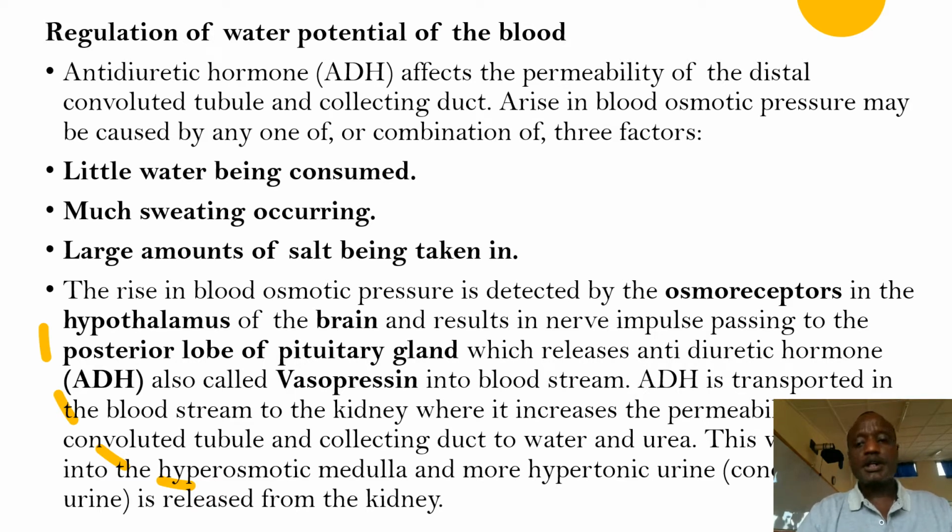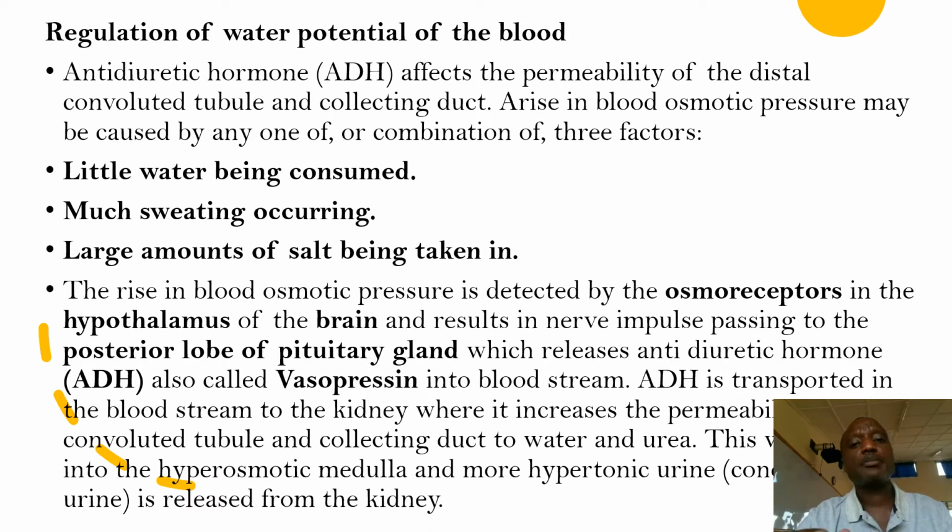There is this hormone, and it is not for the first time. I know you are familiar with this hormone from S3. Antidiuretic hormone, ADH. ADH affects the permeability of the convoluted tubule and collecting duct.